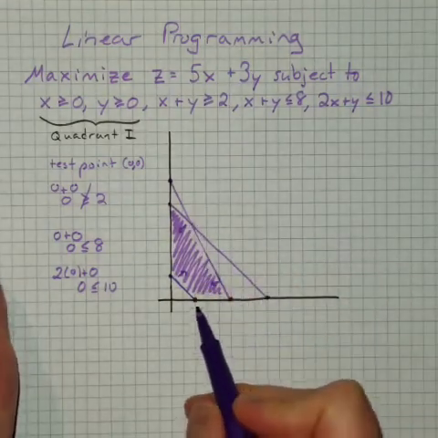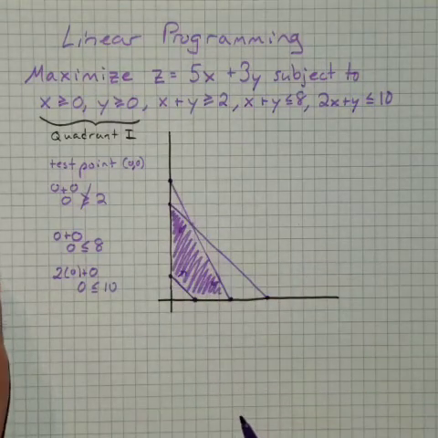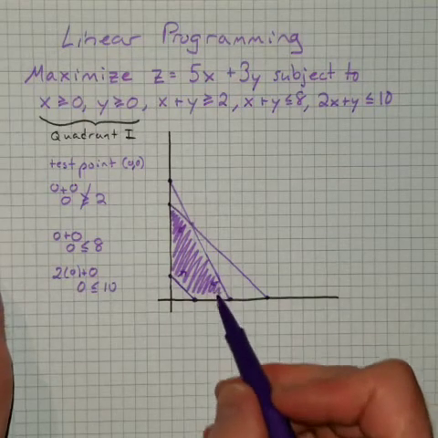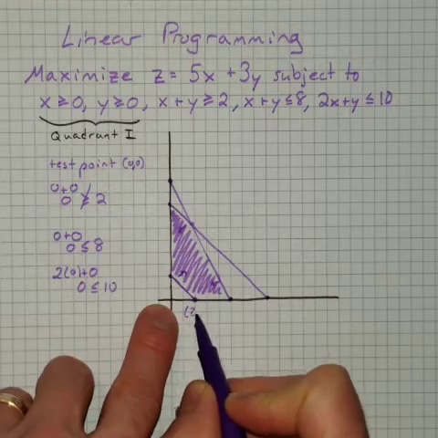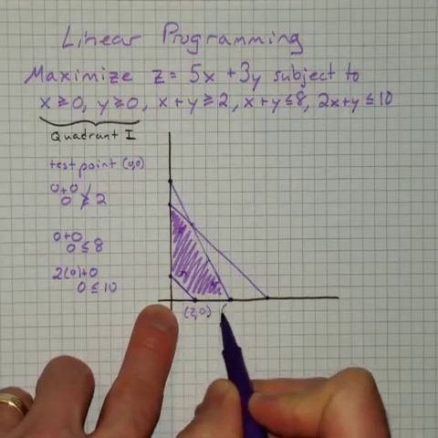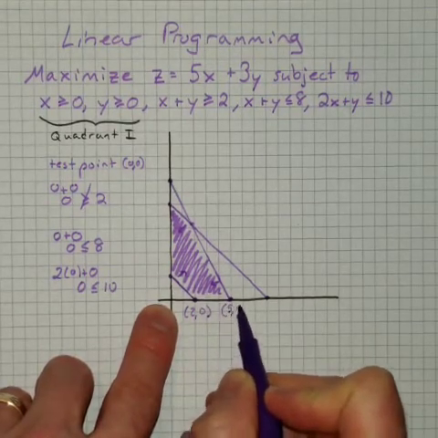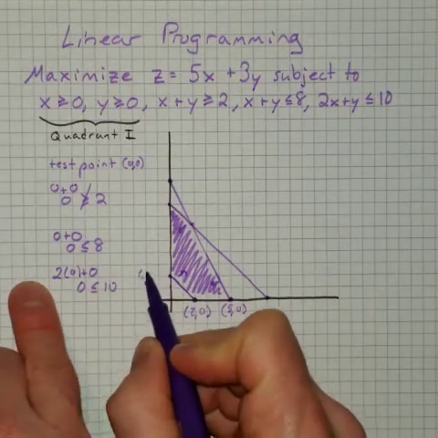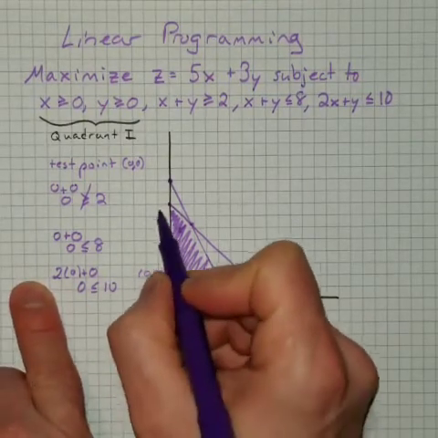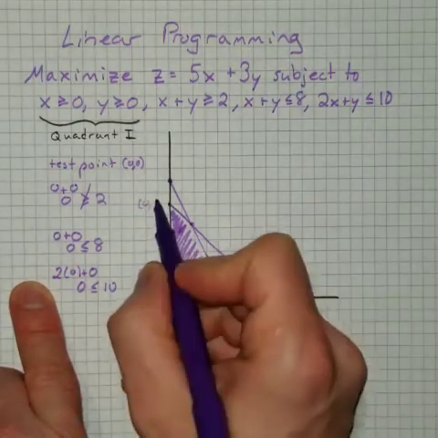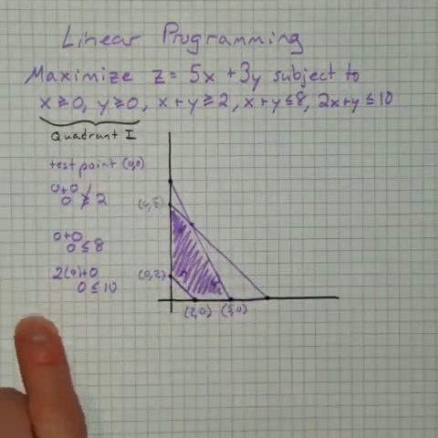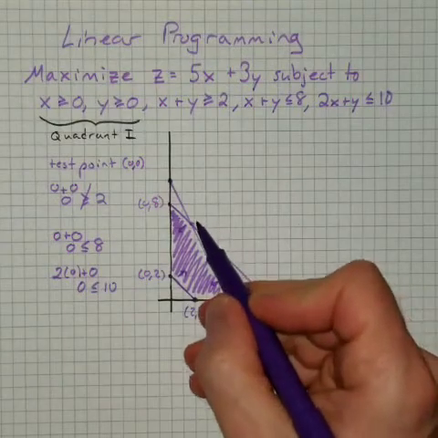So what I want to do is find all the coordinates of the 5 corners. Some of them are pretty obvious. This one down here is going to be 2, 0. This one is 5, 0. This one is 0, 2. This one is 0, what's that, 8? And so the only one I don't know is this one here.